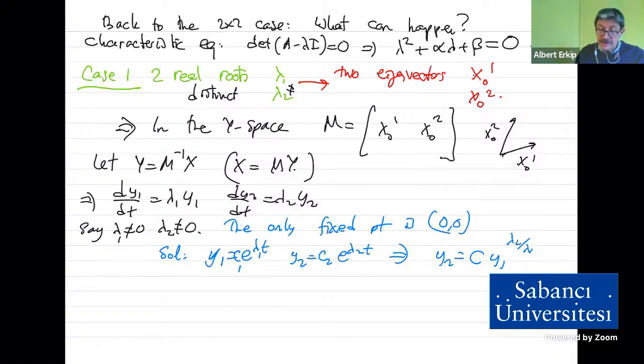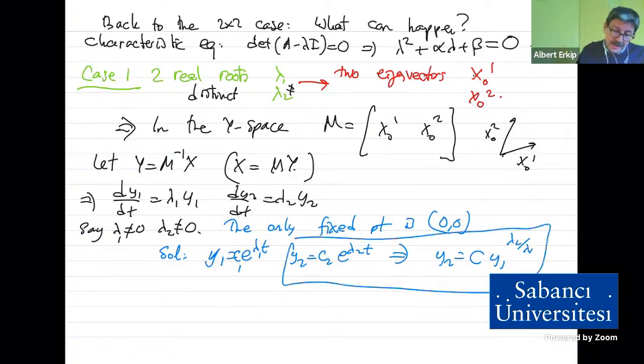You get curves like this. Now these are all the solutions.